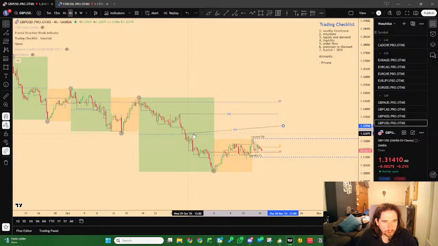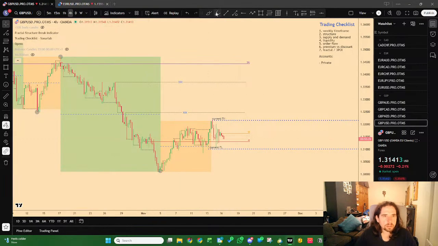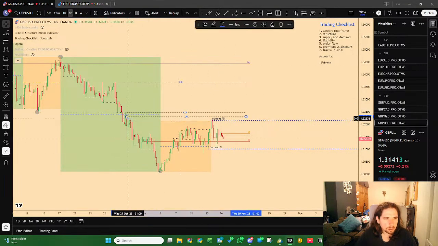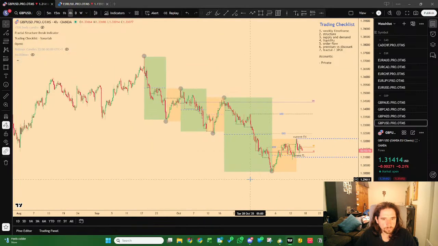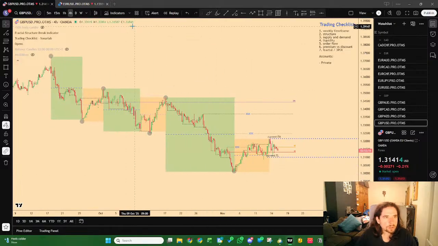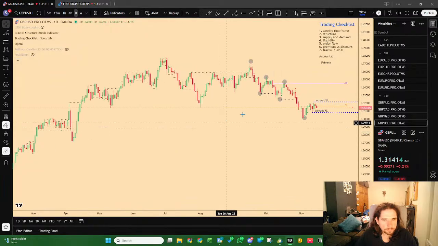Probably say that we have liquidity here, and that liquidity there has been taken. Are we at a higher? Not really. There's not much liquidity going on here.